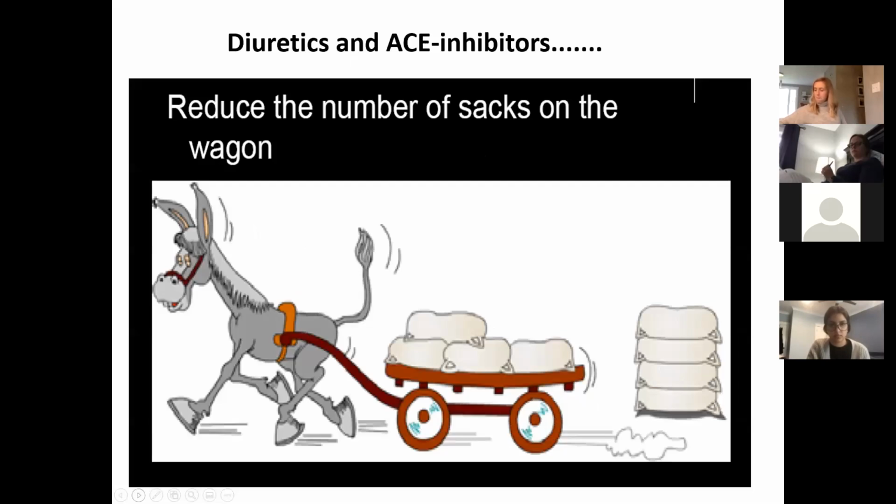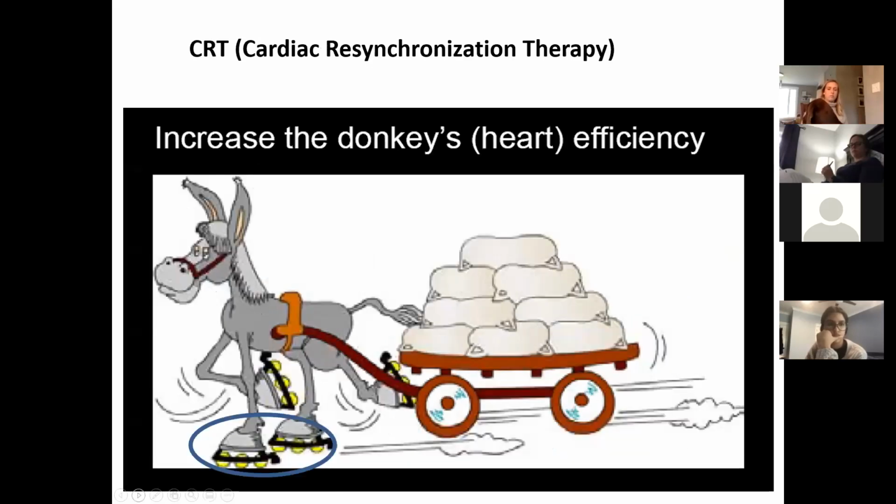Then we say, okay, how do we reduce the workload? So we've reduced it with diuretics already, but also by adding ACE inhibitors, we take away some of the negative effects of our compensatory mechanisms in our body, and it actually makes us more able to carry out activities of daily living.